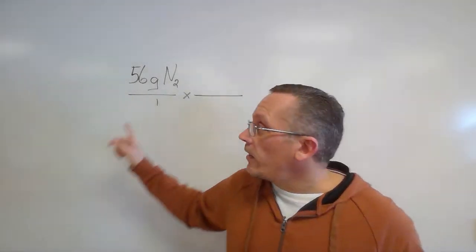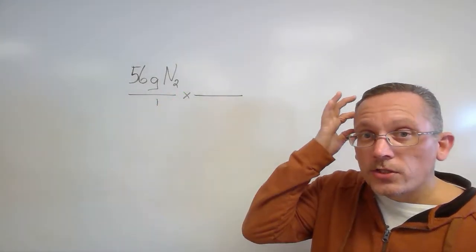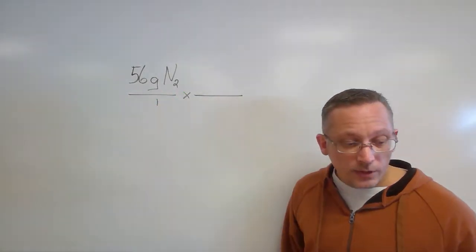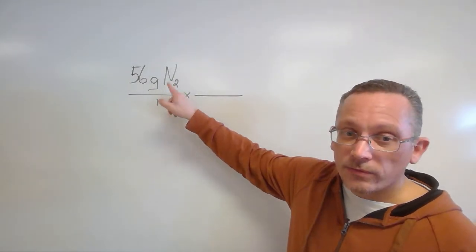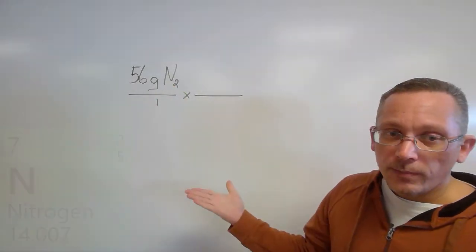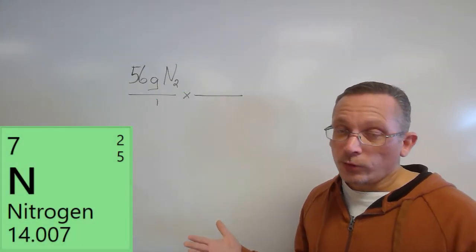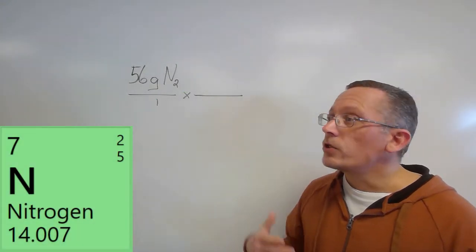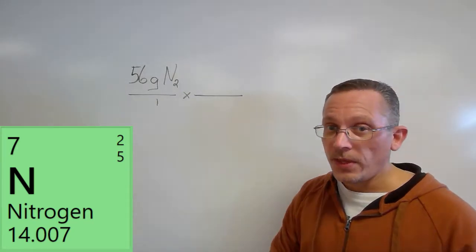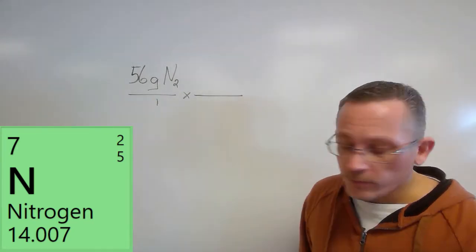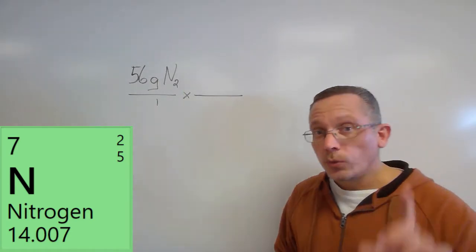Now, I have grams to start with. So the first thing I'm going to do is go to the periodic table and add up the molar mass for nitrogen. If you look at the box for nitrogen, nitrogen's molar mass is about 14. And it's N2, so we'll do 14 plus 14. So it's about 28 grams, 28 grams to 1 mole.